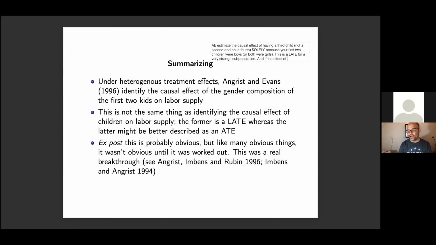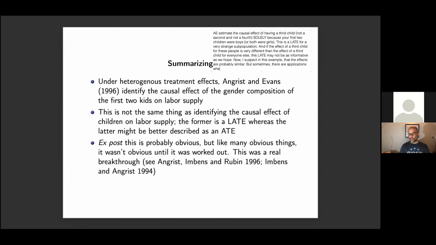And if the effect of a third child for these people is very different than the effect of a third child for everyone else, this LATE may not be as informative as we hope. Now, I suspect in this example that the effects are probably similar. But sometimes there are applications where that won't be the case. Okay.